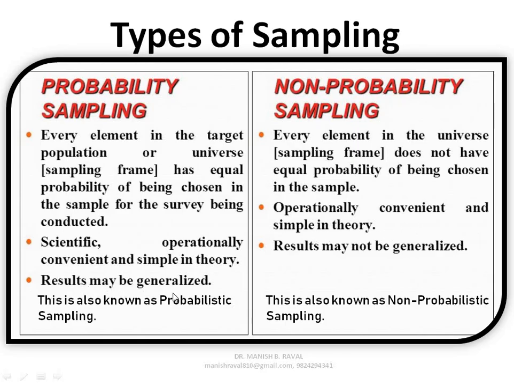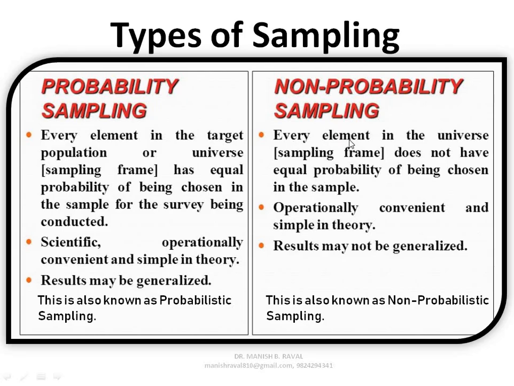Now the result may be generalized. When every element has equal chance, it means that the result derived from such kind of sampling may be generalized. The conclusion drawn from such sampling would be applied to the whole universe, because you had given ideally equal chance to all the members of the audience.